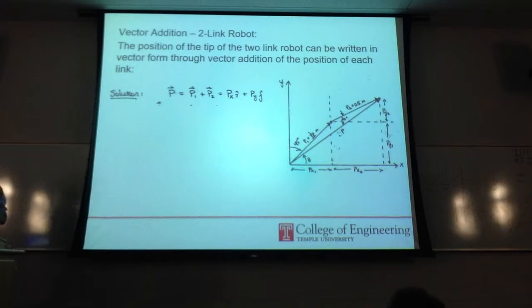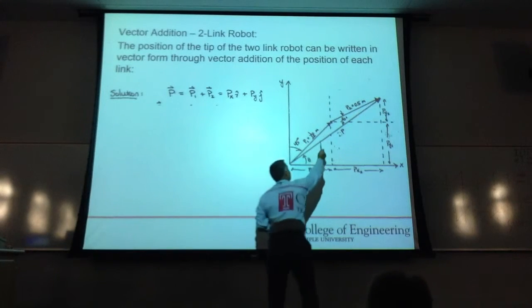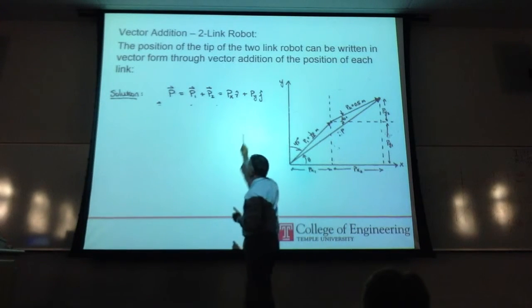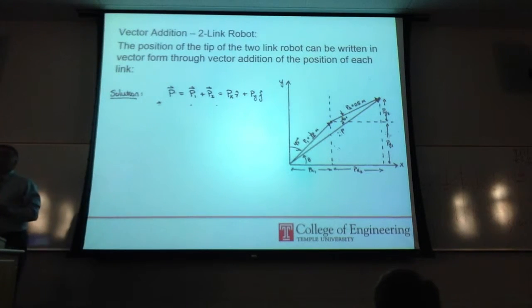Now, we also know the vector P or P1. So if I'm looking at point 1, P1, and I want to use the same terminology, what is P1 equal to? P1 as a vector.